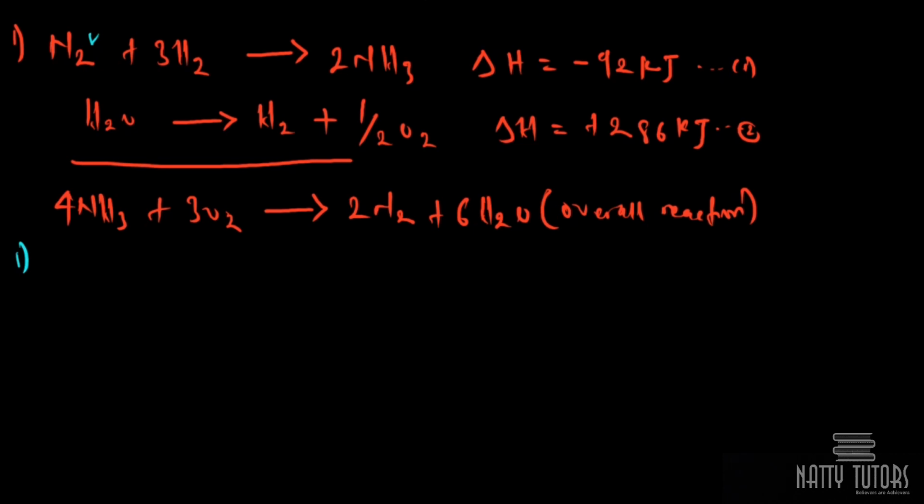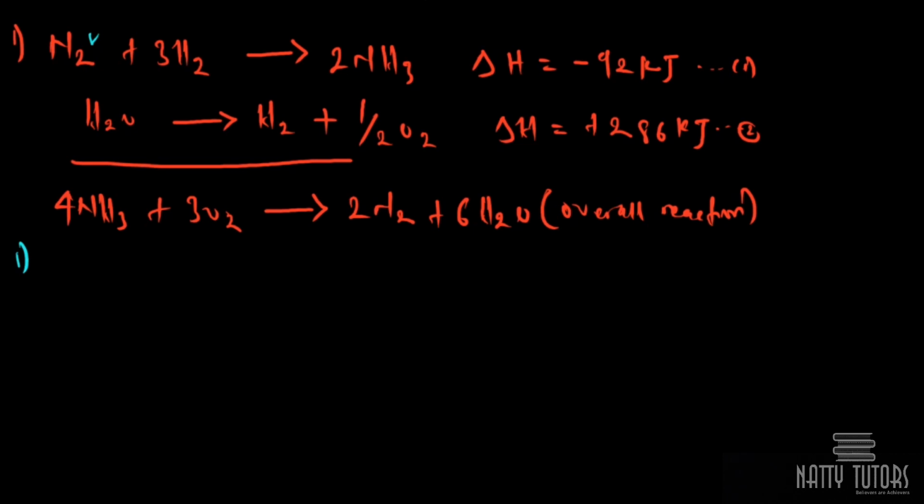And not only do we reverse it, if you check our overall reaction, there's a multiplication of 2 here. So to make this first reaction look like our overall reaction, we need to also multiply it by 2.